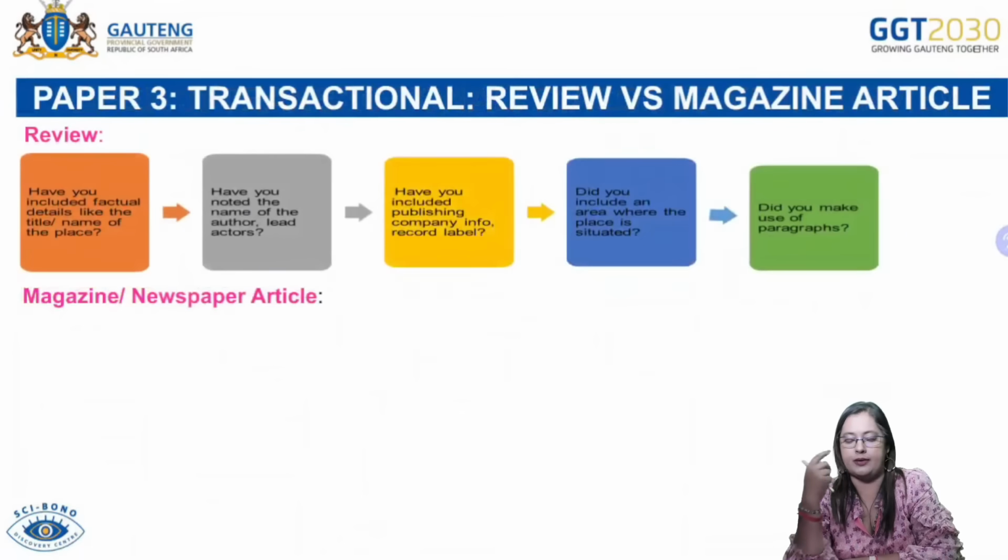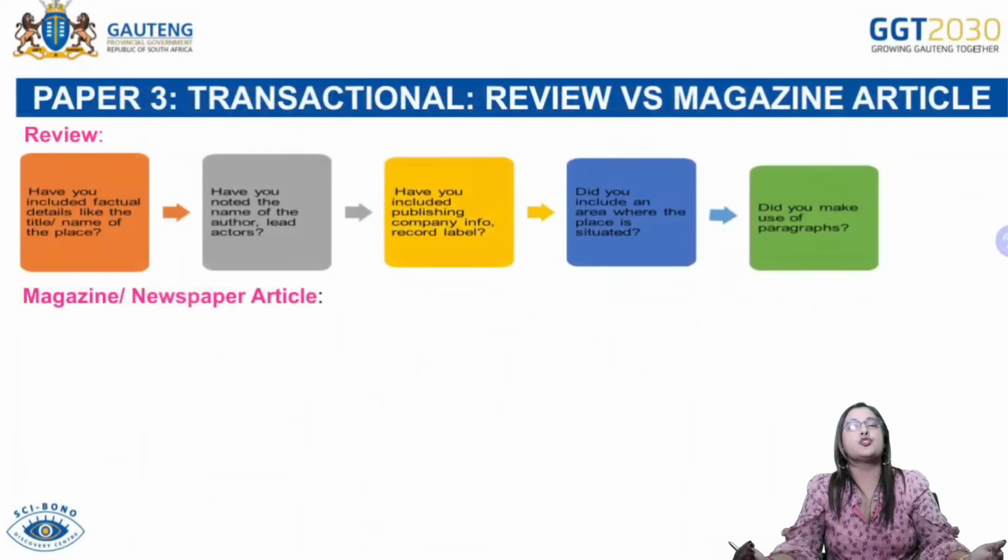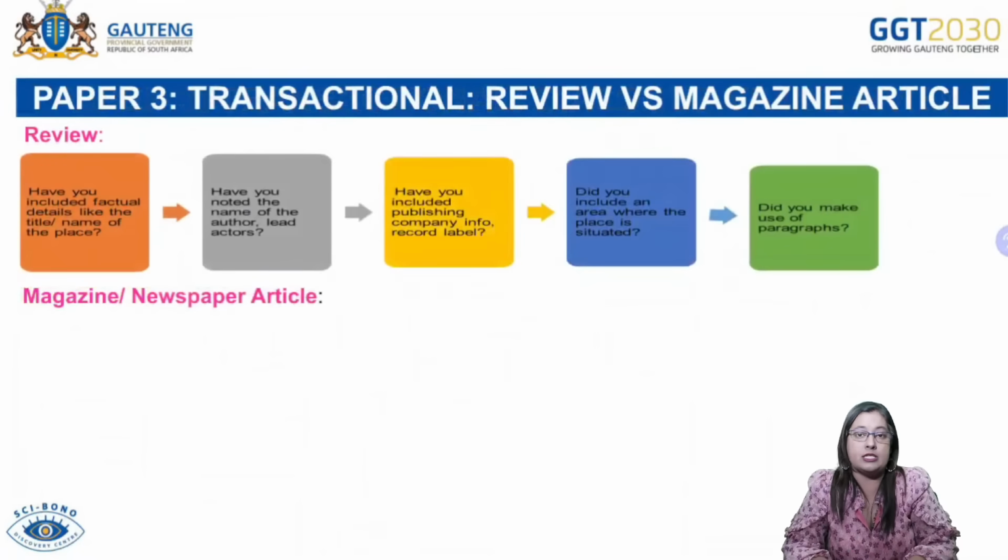Okay, that kind of thing. And then also, did you make use of paragraphs? So a review can be either the book review, the film review, the restaurant review, whatever it is that is asked of you, grade 12s, streamline these hints to the topic given to you.